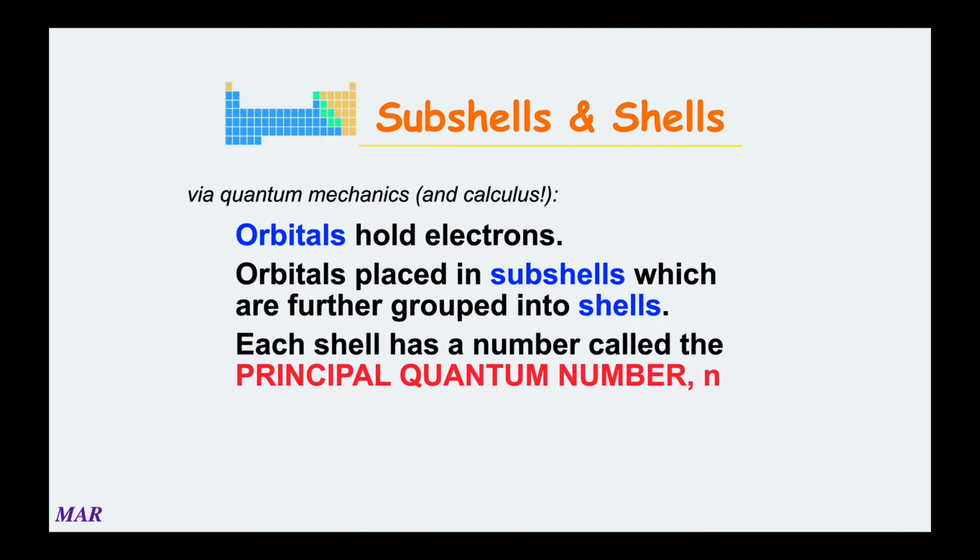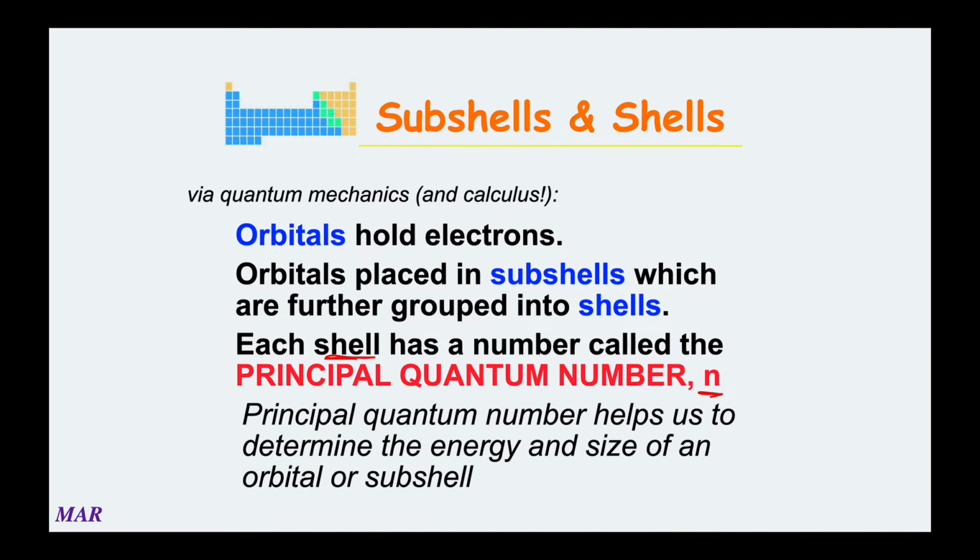The shells are given a special name: they're called the principal quantum numbers, all right? And they literally are a number. So we're going to start using the symbol n for shell. And this is analogous to what Bohr did with the shell. n equals 1, 2, 3, 4, etc. Those are the same basic type of shell values we're going to use in this class.